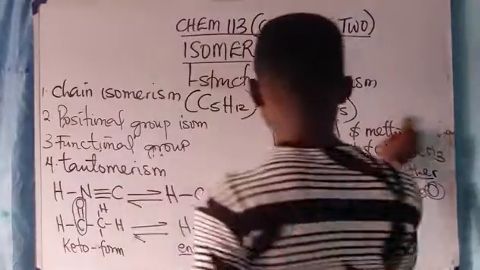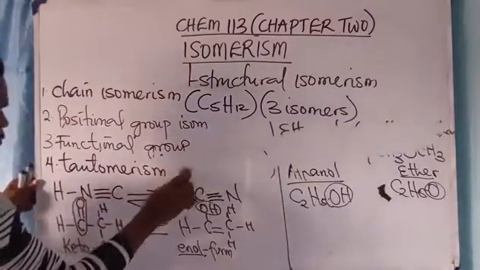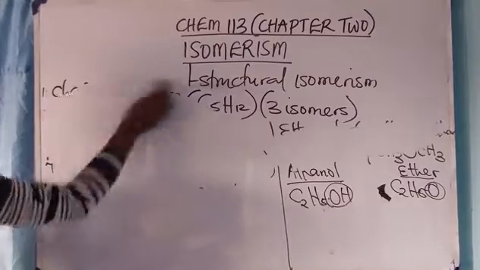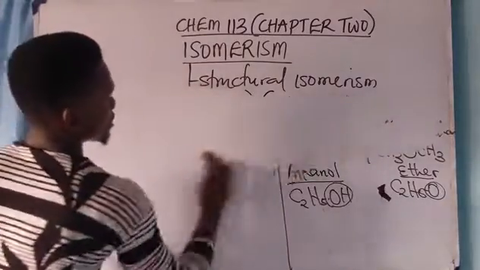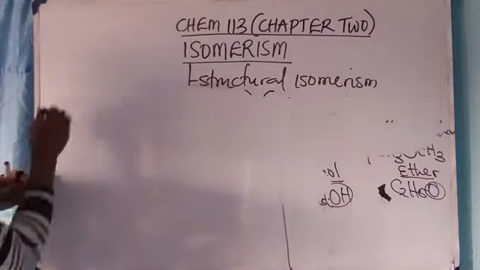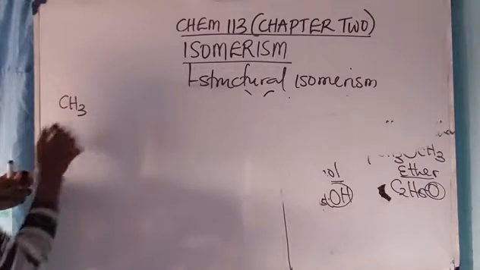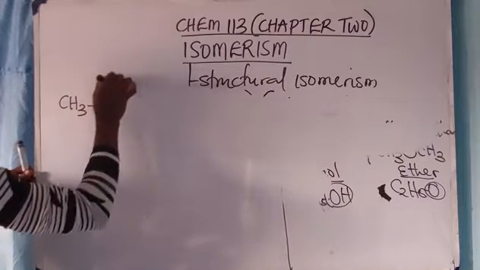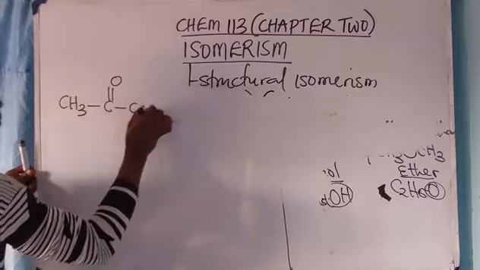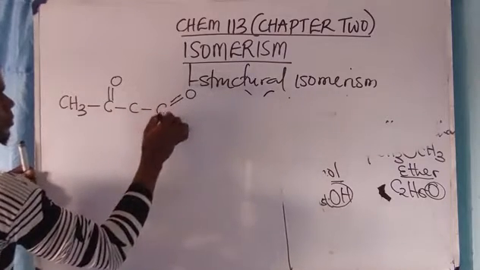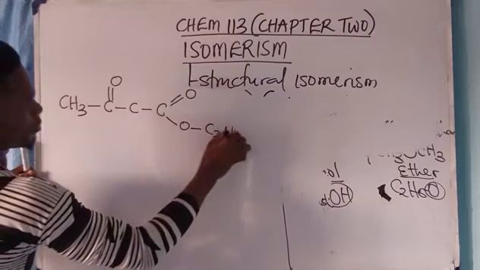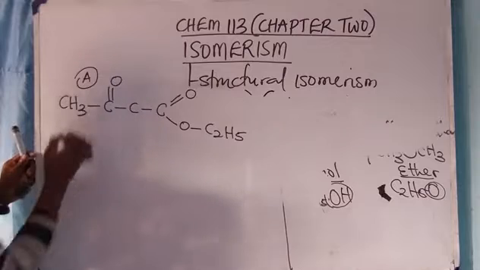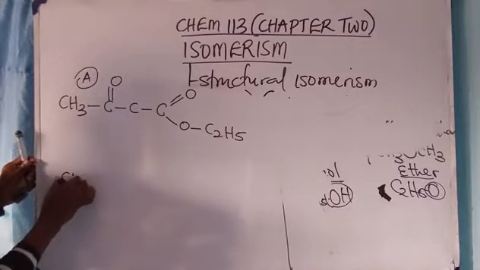Now, another illustration of tautomerism is what I'm about to do. Let me rub this one so I'll have enough space. Just follow it step by step, you will understand it. Now, if I have CH3, C, alright, let me put this as case A, then I'll bring the other one as CH3.